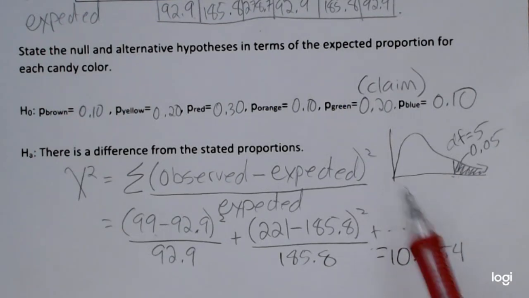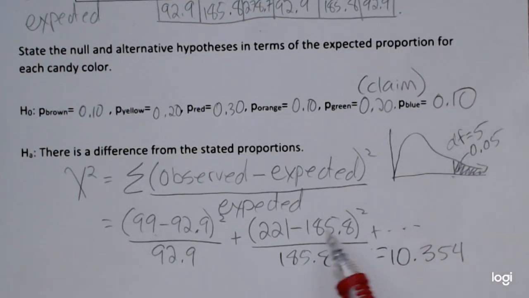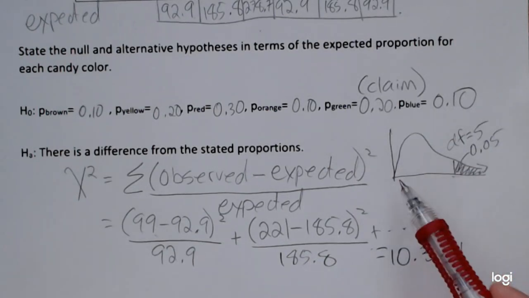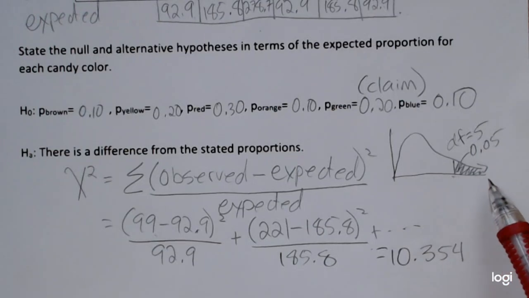That would give us a situation where we would fail to reject the null. The further we go out in this tail means that one or more of these categories, the observed values, are way off from what we expect. So the further we are away from 0, the more likely we are to reject the null.